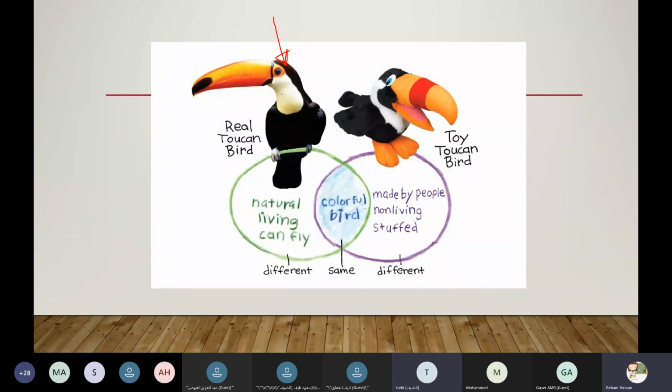And number two, non-living because it is a toy. Super. But number one and number two are made of matter. And now you talk about the properties of matter. Super. Okay, thank you so much, honey.